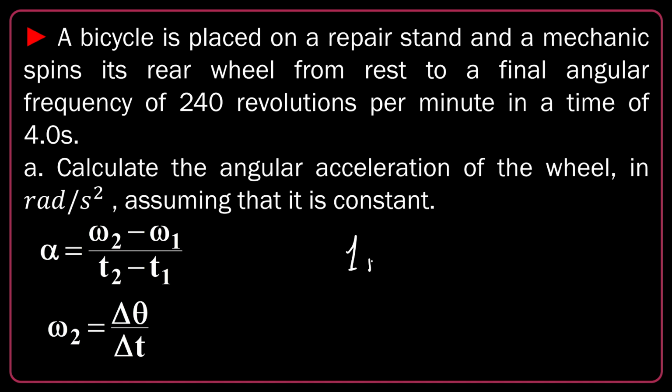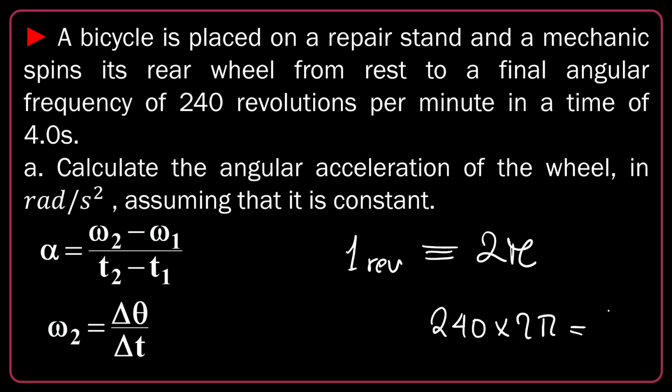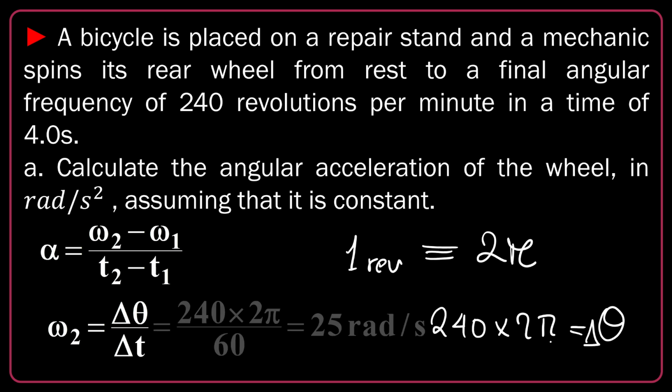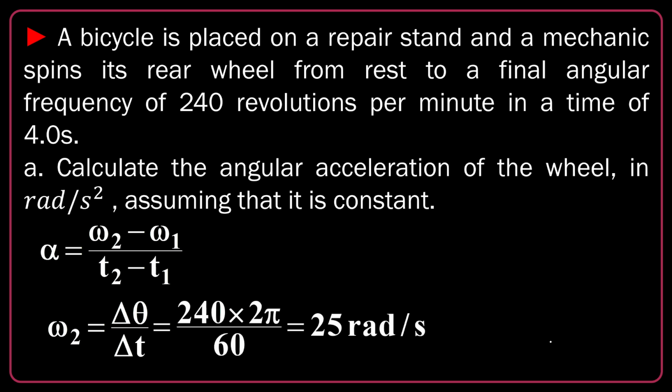Each revolution means 2 pi of angle. You go around the circle, 2 pi. So 240 revolutions means 240 times 2 pi. This is the total theta. So delta theta over t must be 240 multiplied by 2 pi divided by the SI unit of time, 60 seconds, because it's minutes.